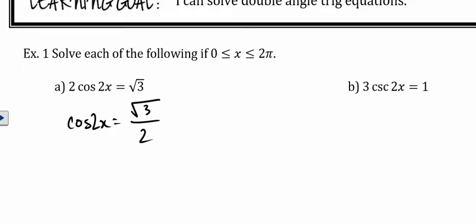And so what could I do? Does anybody know what I could do in this step? This question should look like a linear trig equation that we did Thursday. So what do you think?